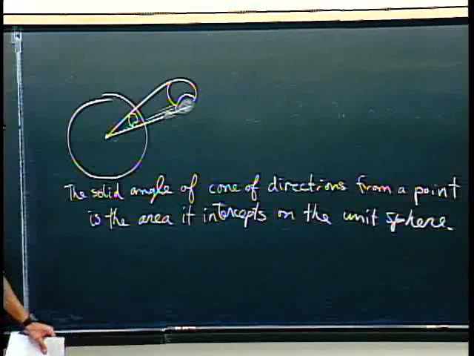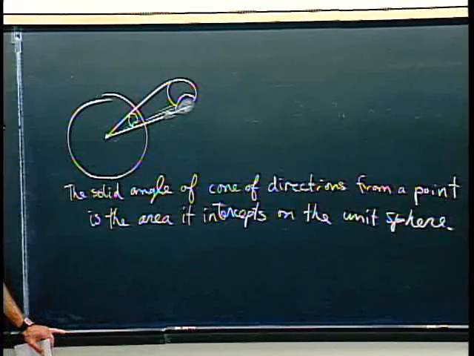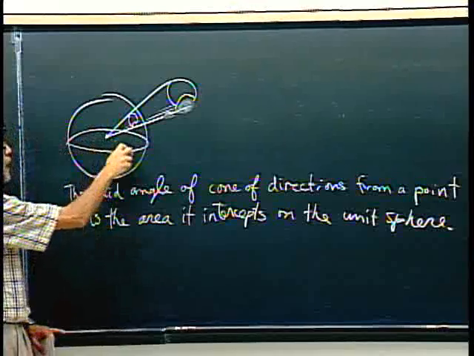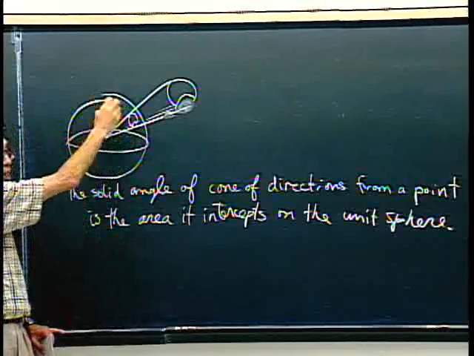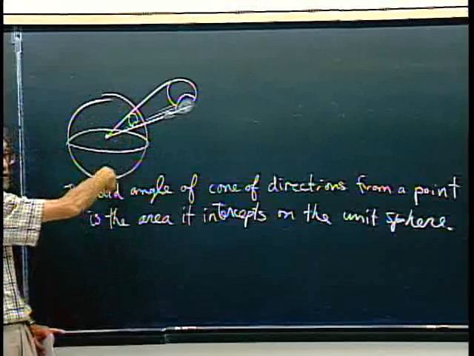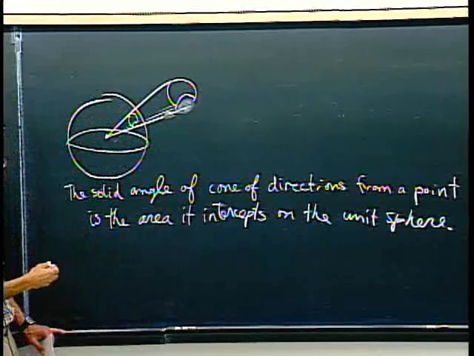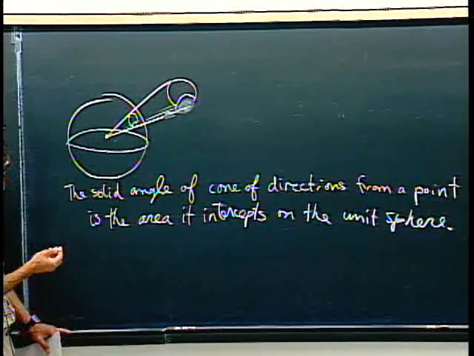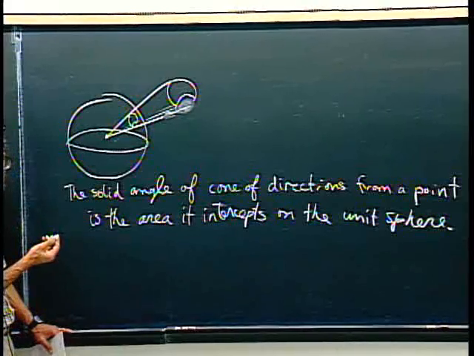It's actually 4 pi. We'll do an integral later on in the period which will be similar to that, but the area of the whole sphere is 4 pi. The area of a plane through the equator is pi, and because this is bulged up, it's actually 2 pi on the upper hemisphere and 2 pi on the lower hemisphere. It adds up to 4 pi. So the measure of solid angle is called steradians.